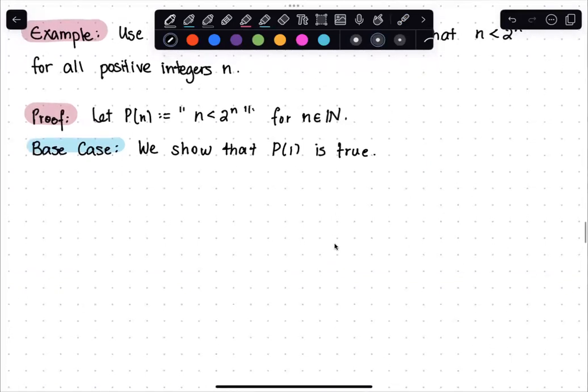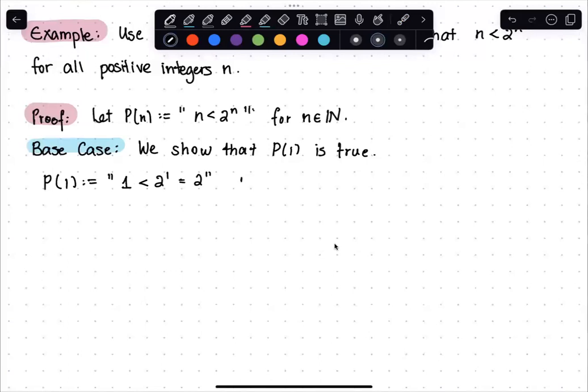On the left-hand side, what does P of 1 mean? Well, on the left-hand side we just have 1, and we're saying that this is less than 2 to the power 1, which is equal to 2, which is true.